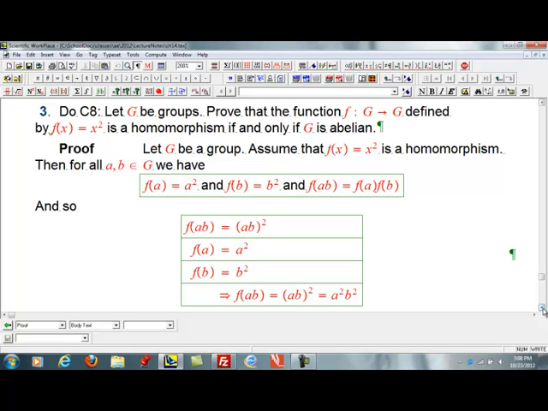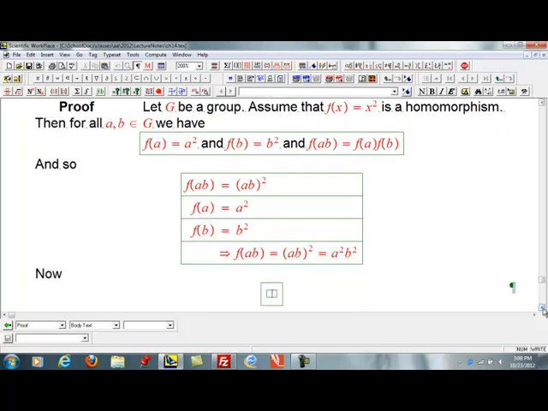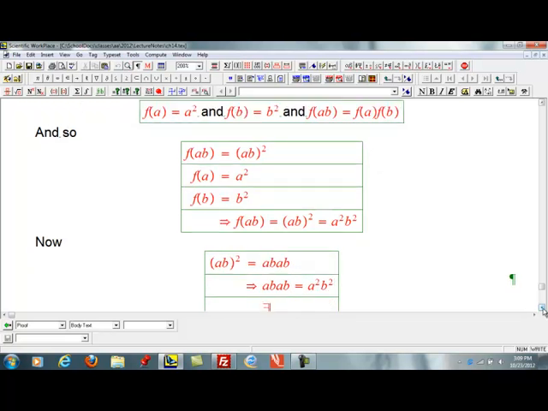But what do we know? If I do (ab) squared, that's equal to abab, right? So that tells us that abab has to be equal to a squared b squared, which is aabb. But then what does that tell us? If I do left inverses on a, we get bab is equal to ab squared, right?